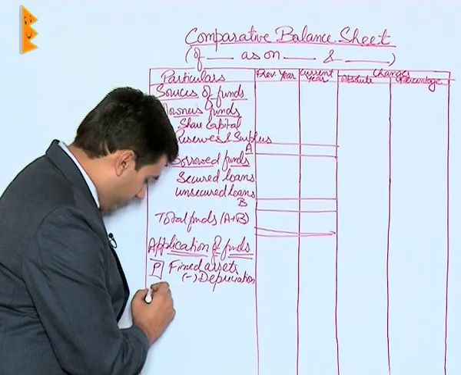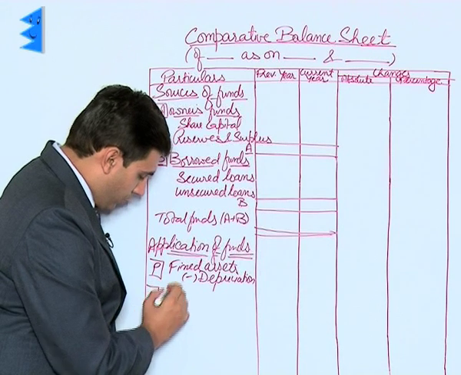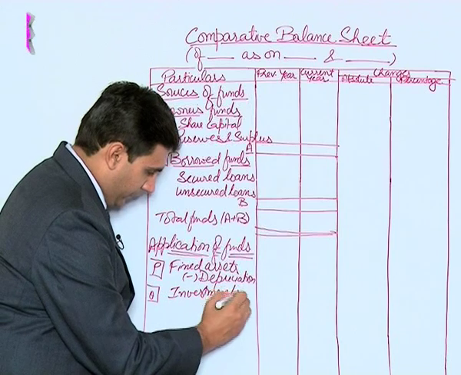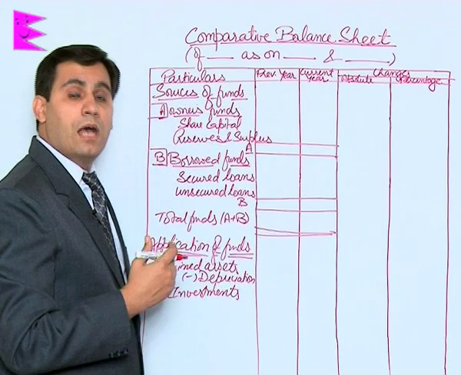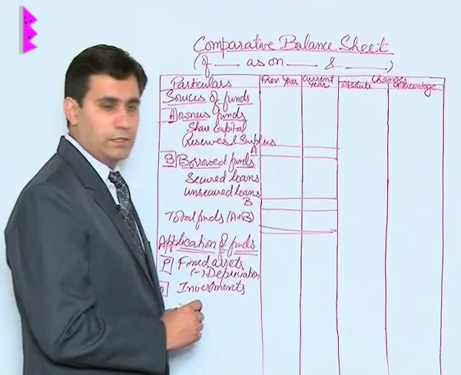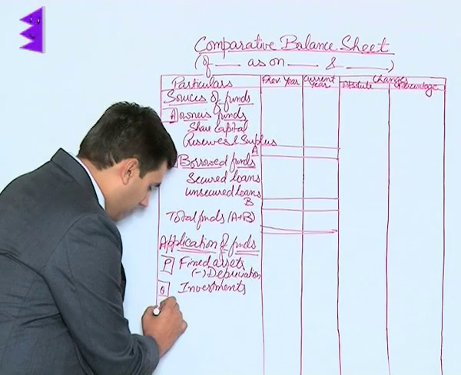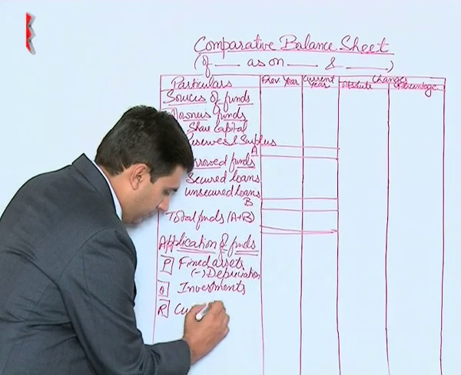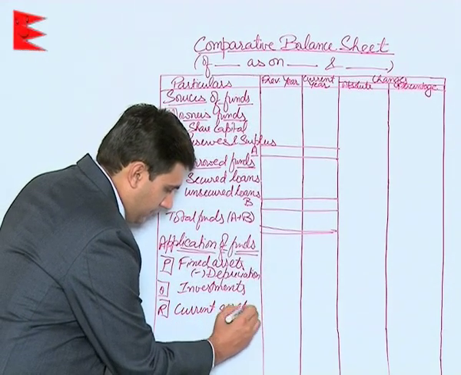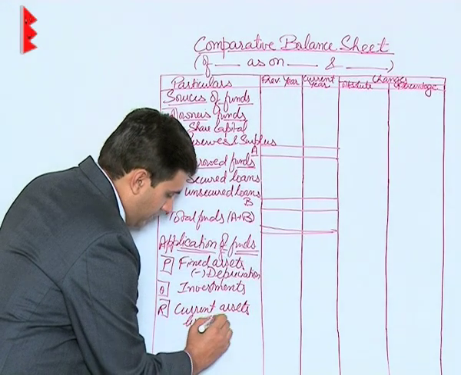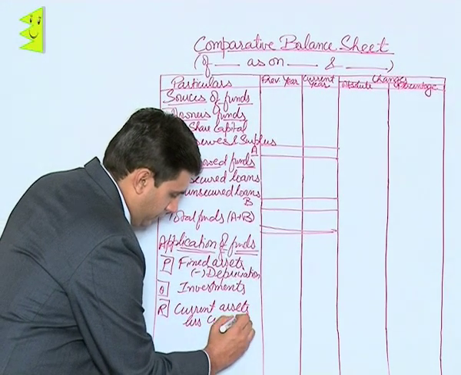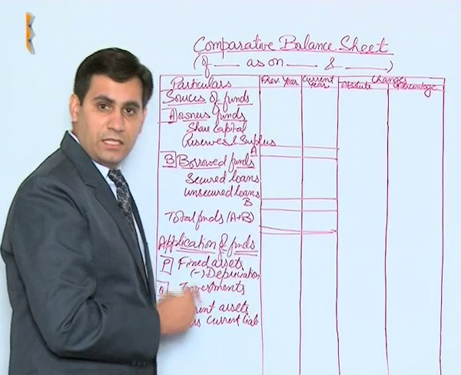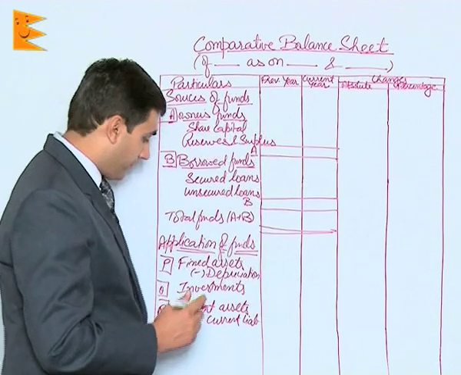Then we have Q as investments, that is the money invested outside the business. Then the next one being current assets less current liabilities, which in short we can say is the working capital for the business.